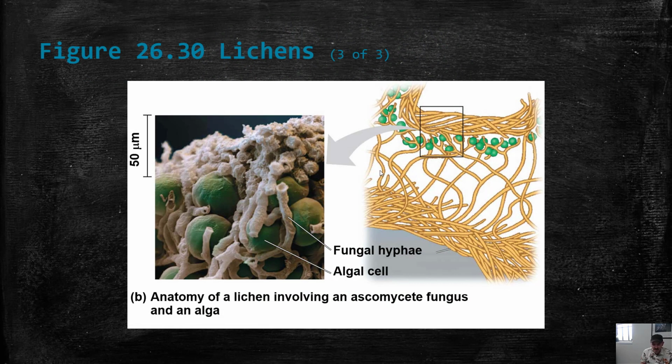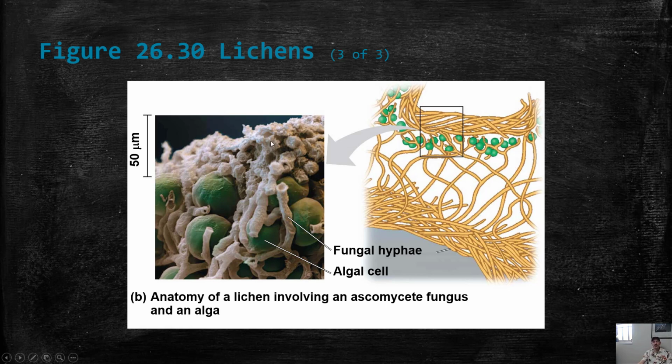The last part of the chapter, I just want to touch on this just so we've covered it. The last thing is a cool mutualistic organism. So we talk about the word symbiosis. That's when two organisms live close to one another or interact with each other. And there's different kinds of symbioses. The important one here is mutualism. Just like we see with plants and fungus, mutualism is when both benefit from the relationship.